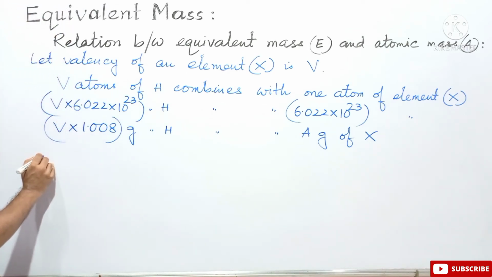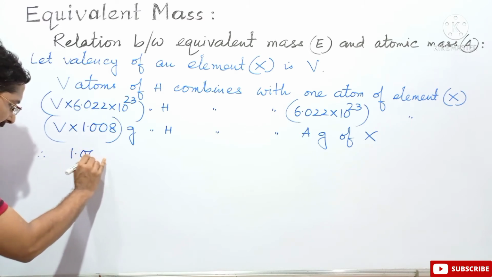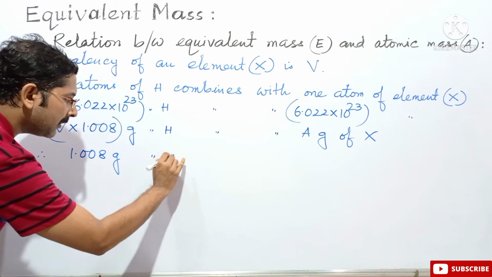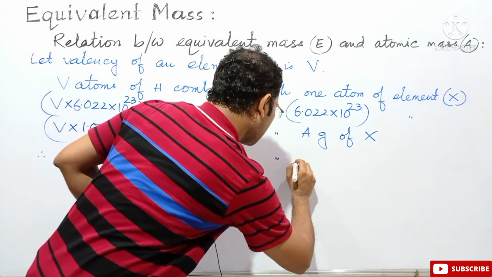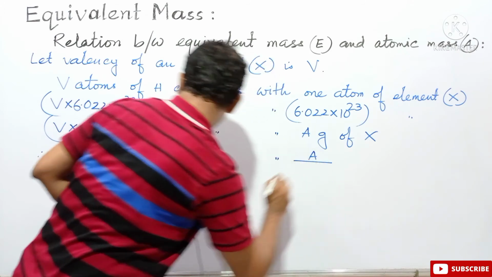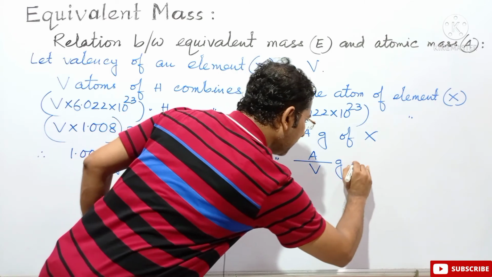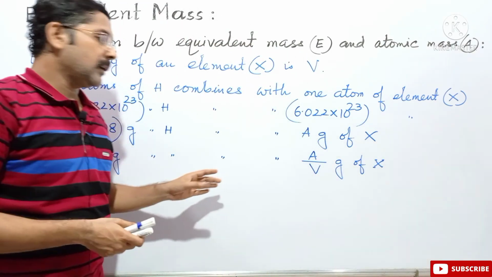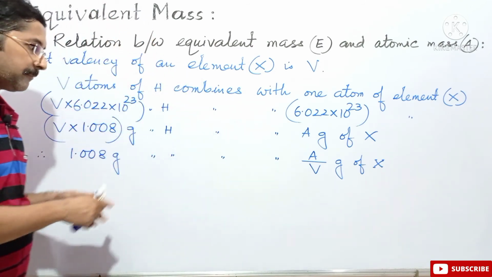So therefore we can write 1.008 gram of hydrogen combines with A by V gram of the element X. Now recapitulate the definition of equivalent mass.